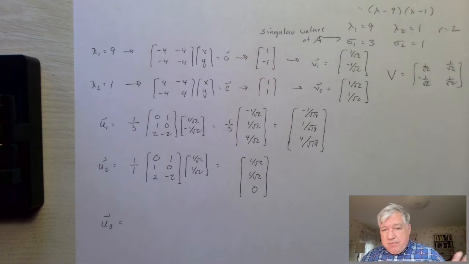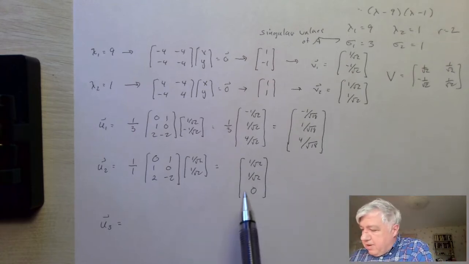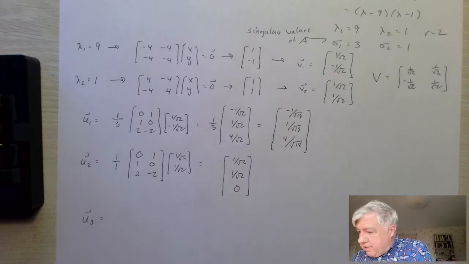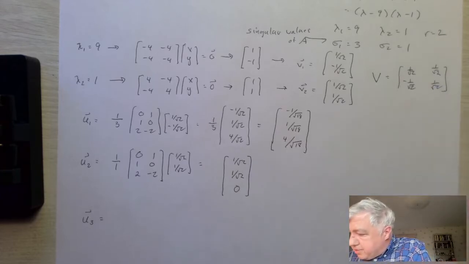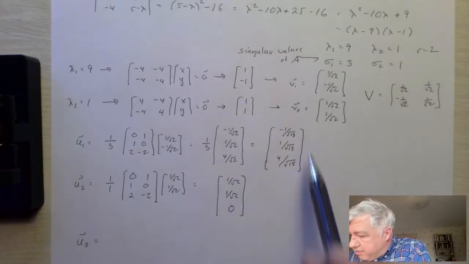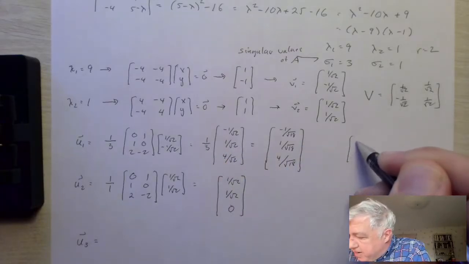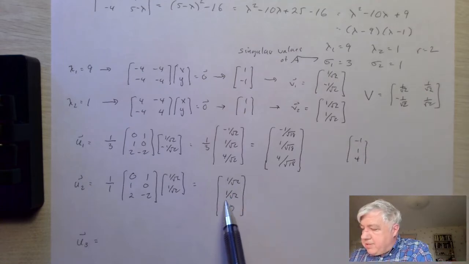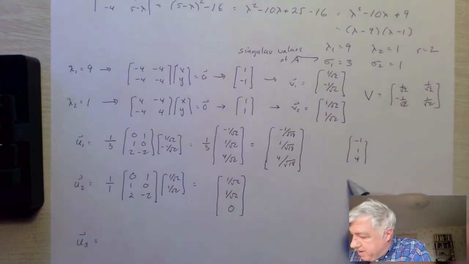We can reduce this to an earlier linear algebra problem, because you'll see that this vector u1 is really a multiple of the vector -1, 1, and 4, and this u2 is a multiple of the vector 1, 1, 0.